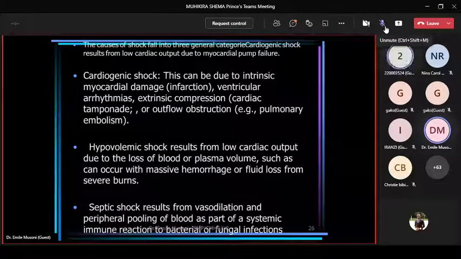And for this one, there will be some cell death. In that case, there will be reduction of the blood volume.